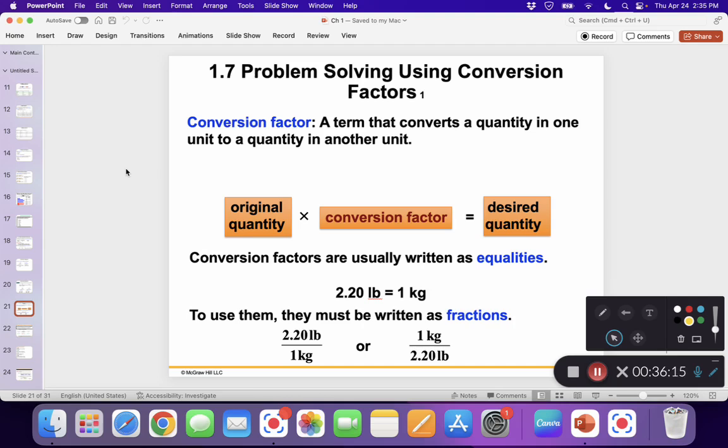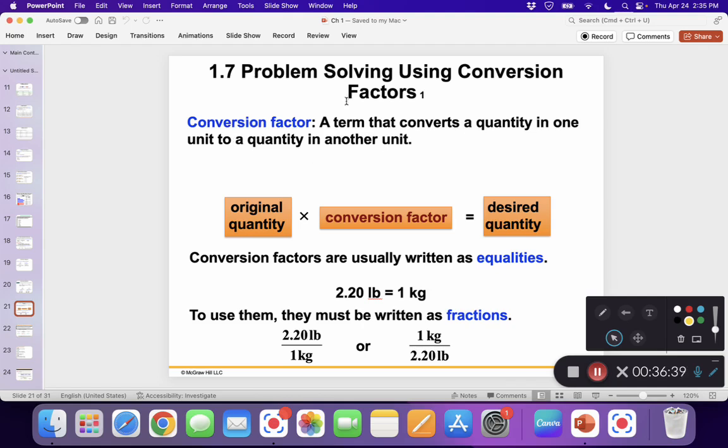Okay, so we just learned about the different units today, right? And I mentioned that we can convert from one unit into another. We can use the conversion factor to do that. So let me explain what the conversion factor means. It is a term that converts a quantity in one unit into another.